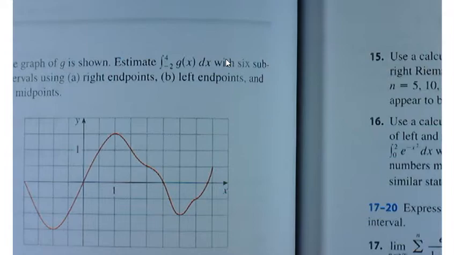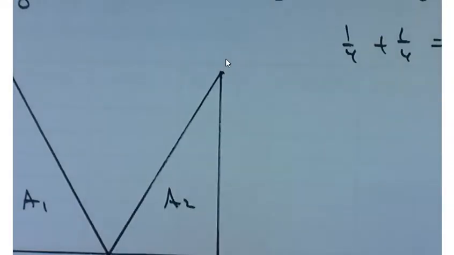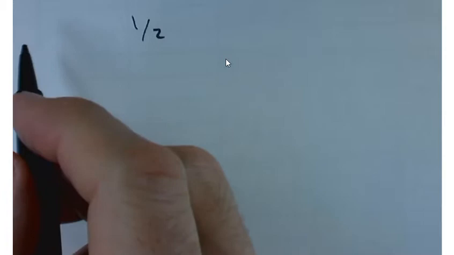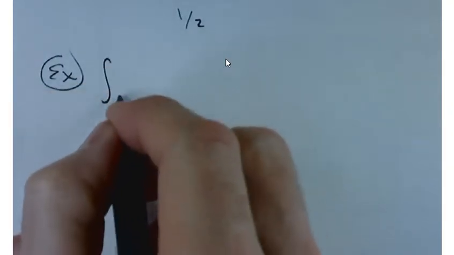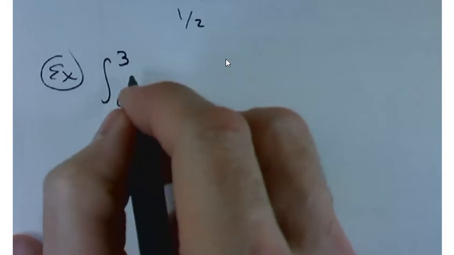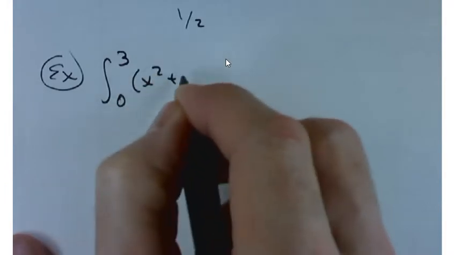All right, so let's go. We're going to work on finding one of these areas exactly. So I'm going to do my own examples, not the ones in the book. The ones in the book are just a little bit too hard, and I don't really see the point of making these that hard.